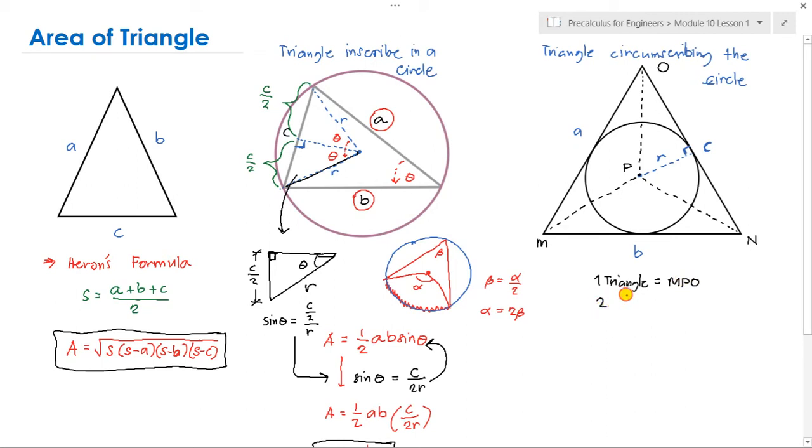Ang ikaduha is I have triangle MPN. The third triangle is I have triangle NPO.